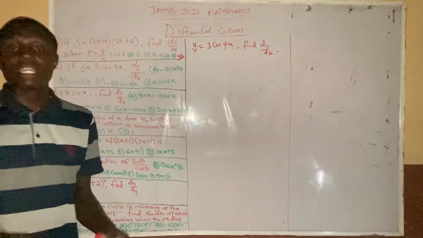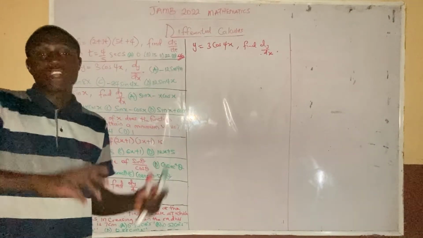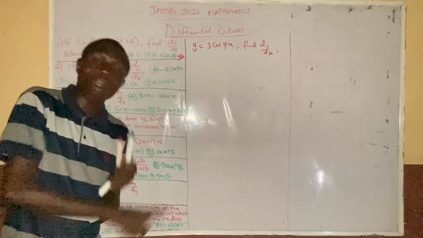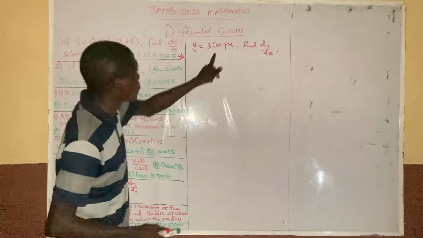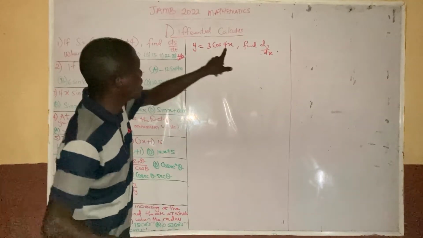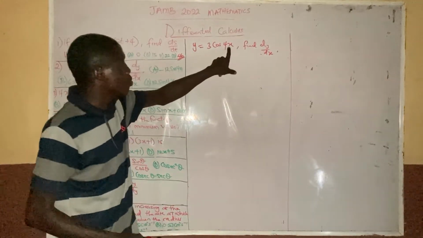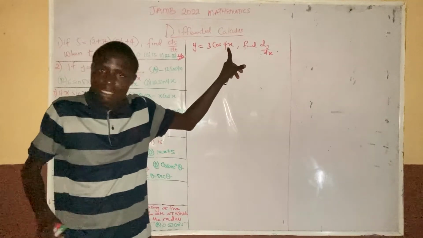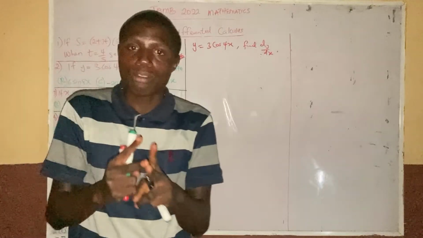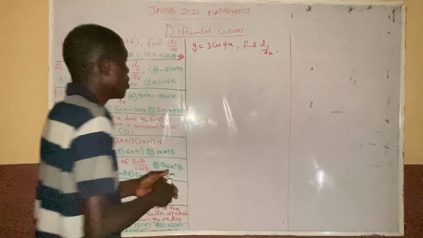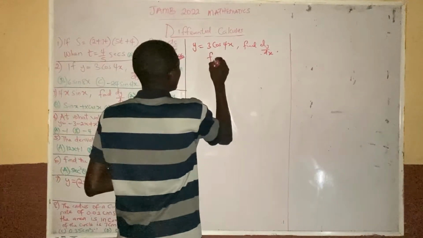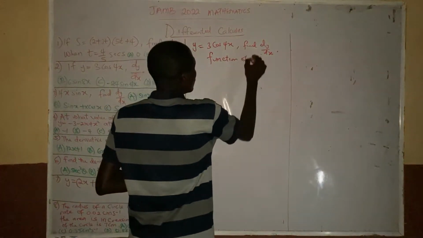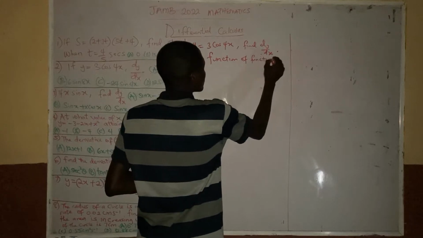Even though it is a trig function, it's also a function of function. It has a trig function, and it has a power function for x. So it means that it is two functions. That's why we call it function of function.